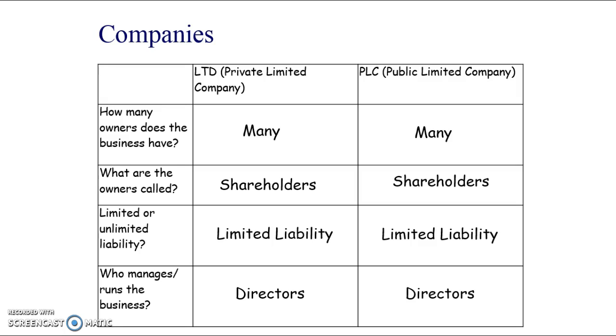Both of them will have the business run by directors. The main decisions on the day-to-day strategy of the business will be determined by the directors. Now, in an LTD, it's very likely that a lot of these directors will be major shareholders in the business. With a PLC, it's likely that the director will be a shareholder, or the CEO, the chief executive officer.